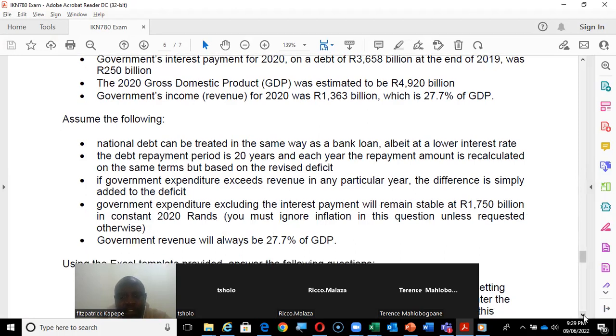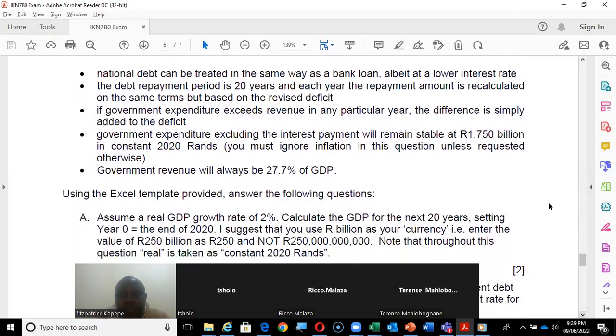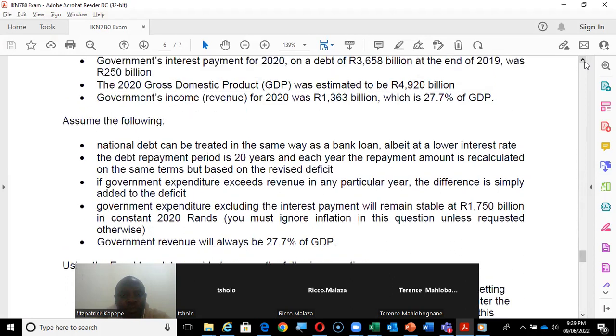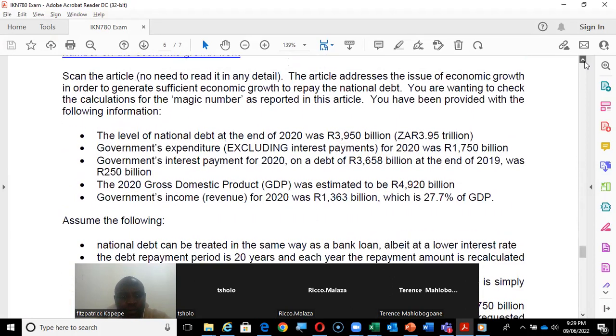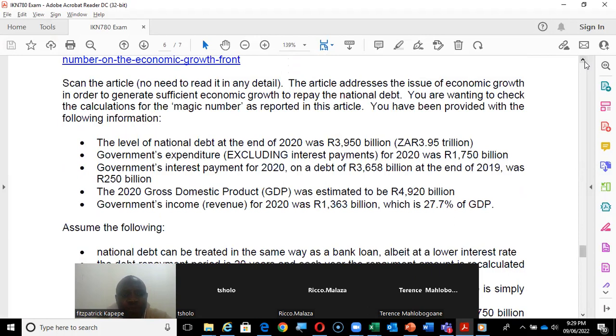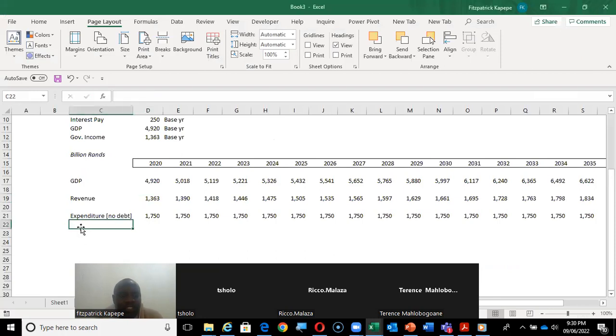Government revenue will always be 27.7. Let me just go up. So the level of national debt at the end of 2020 was 3950. Government expenditure excluding interest payments for 2020 was 1750. Government's interest payment for 2020 on a debt of 3,658 billion at the end of 2019 was 250. So interest payment, let's bring interest payment here.